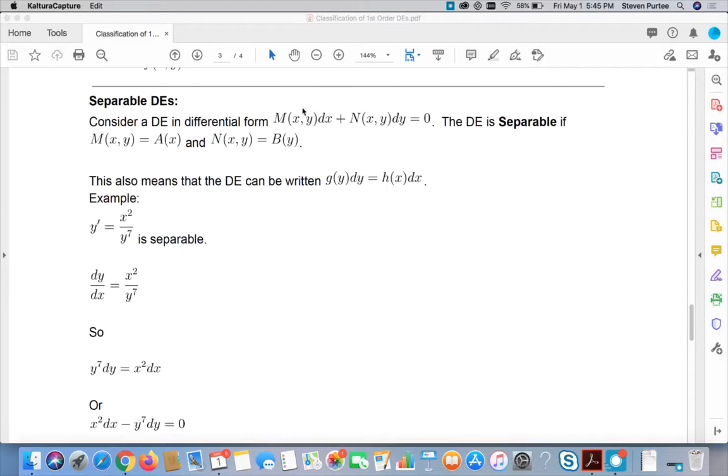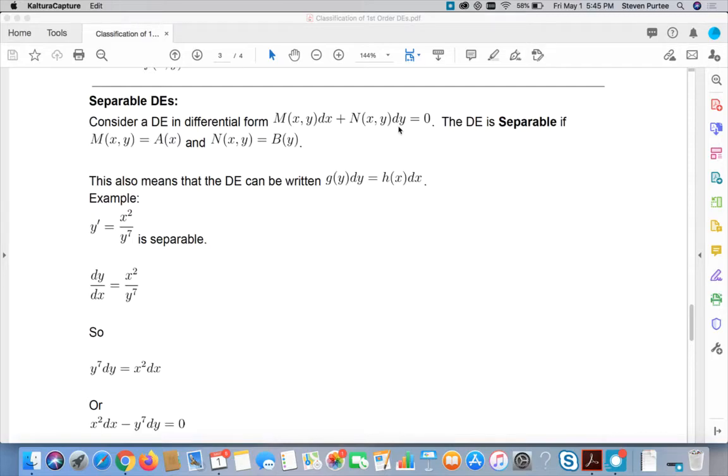If this guy here in front of the dx is actually only a function of x, there are no y's there, and if the guy here in front of dy is only a function of y, it has no x's. In other words, if all your x's are together here with the dx and all the y's are together here with the dy, then you have separated.